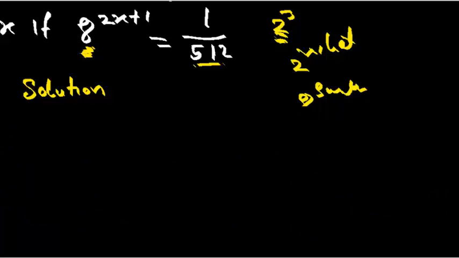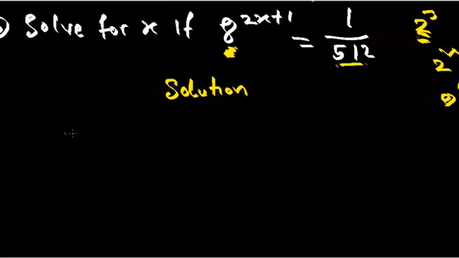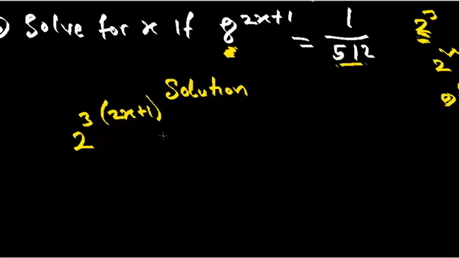So let us express the 8 in base 2 and also express this one. If we are doing that, the 8 can be written as 2 exponent 3, then we already have 2x plus 1, then that will be equal to 1 over 512, which can be expressed as 2 exponent 9.